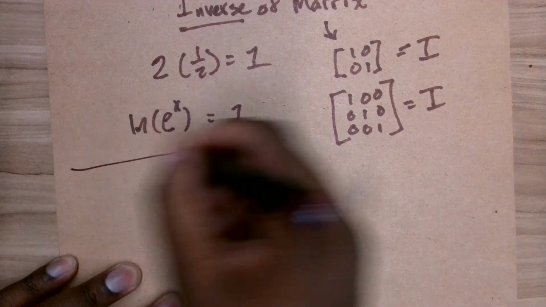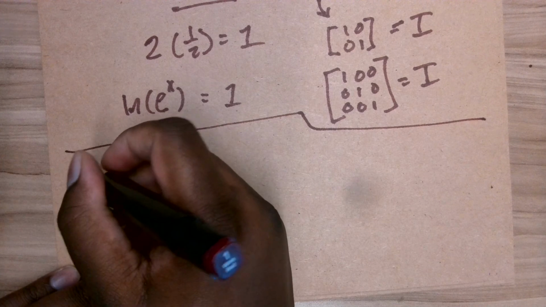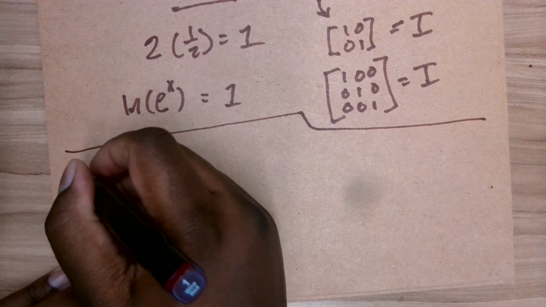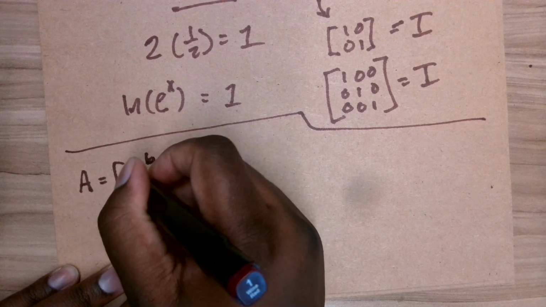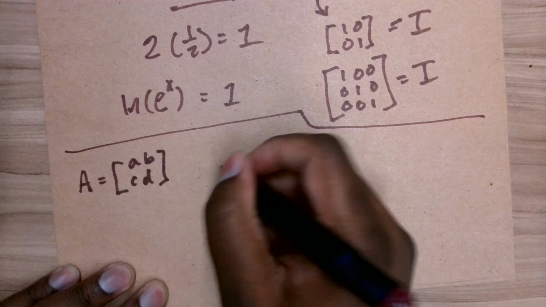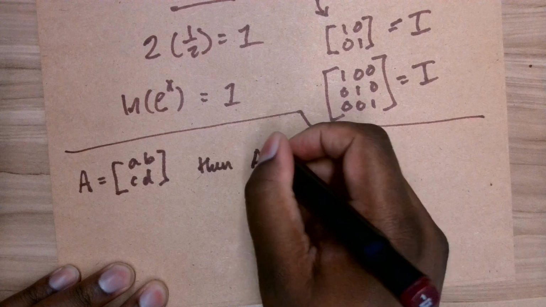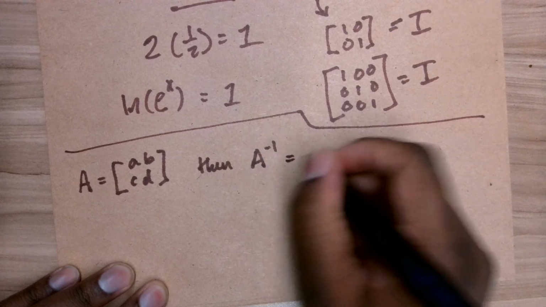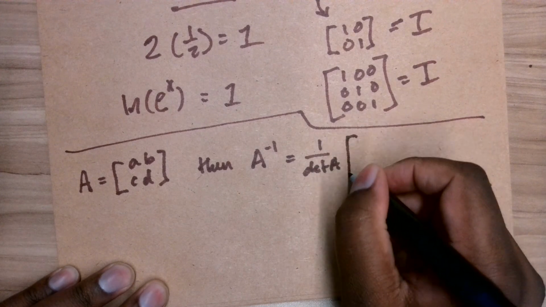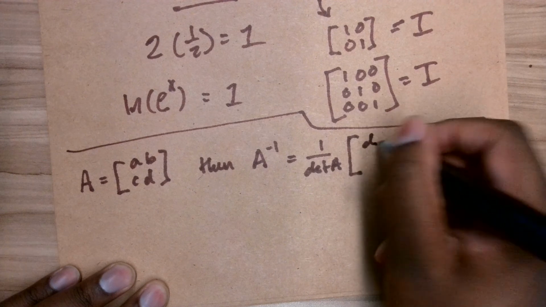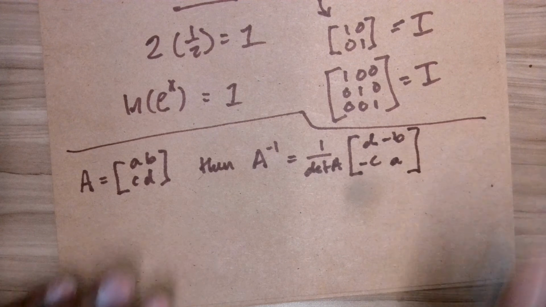So how do we find the inverse of a matrix? Here's what you do. If matrix A is A, B, C, D, then A inverse equals 1 over the determinant of A times the matrix D, negative B, negative C, A. You can write that down.